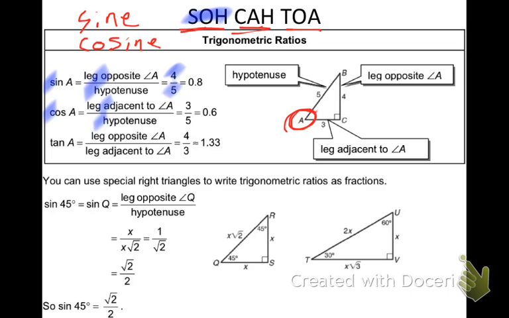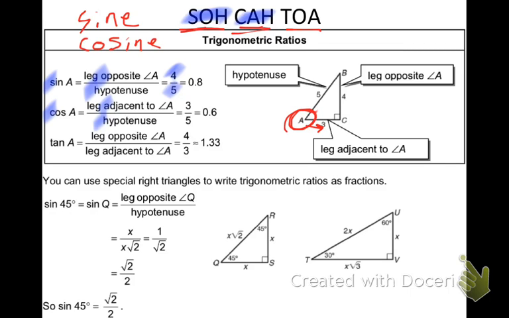In this case, the adjacent leg is the leg that is immediately next to A. So here, the leg right next to it is 3, over the hypotenuse, 5. That's what gets us the CAH: cosine, adjacent over hypotenuse.